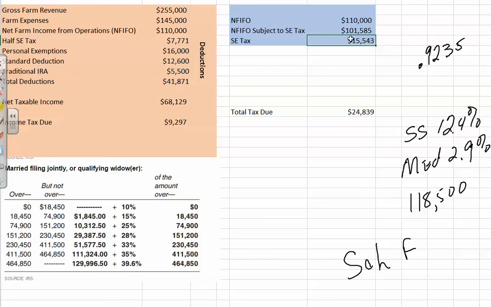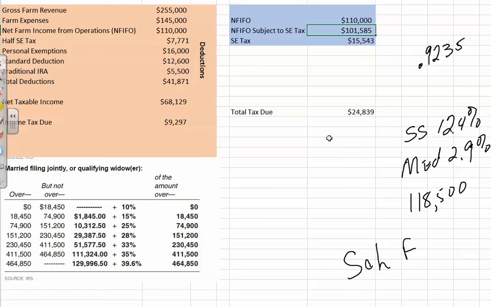In other words, the Social Security and the Medicare. However, if this number is above $118,500, you would multiply the $118,500 by 12.4%, and then you would multiply the entire amount by 2.9%.